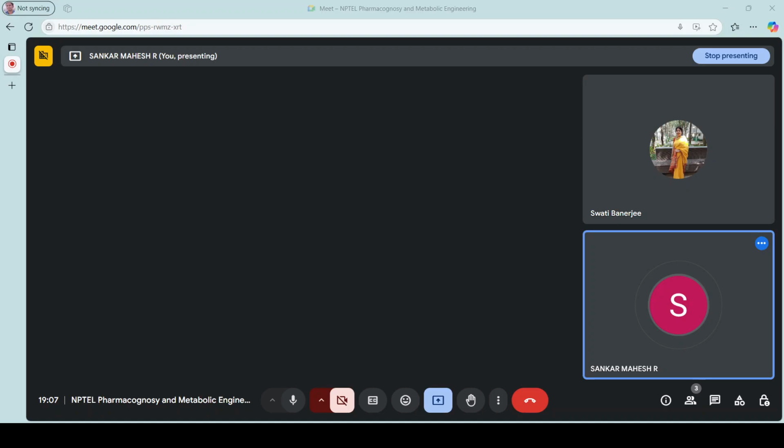4CL, it adds, p-coumaroyl CoA, yeah, CoA. Flavonoids, lignins, tannins, yeah, tannins.